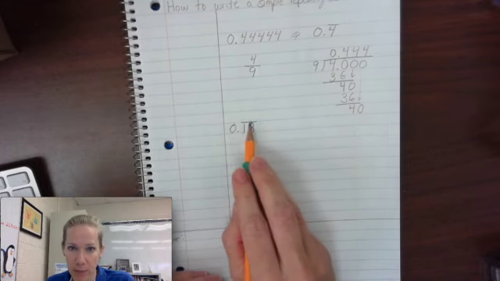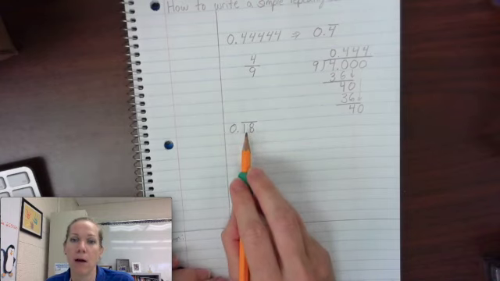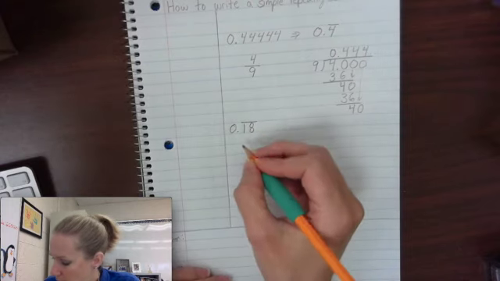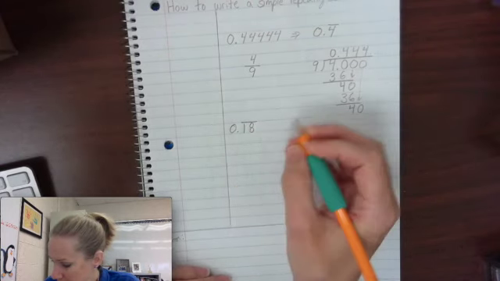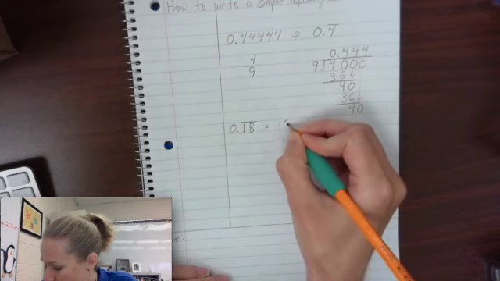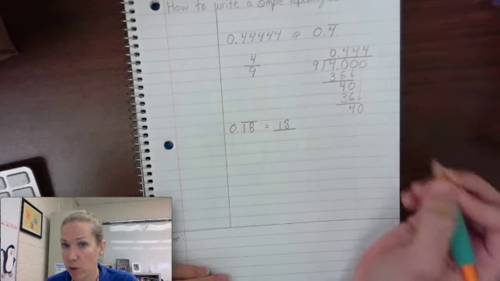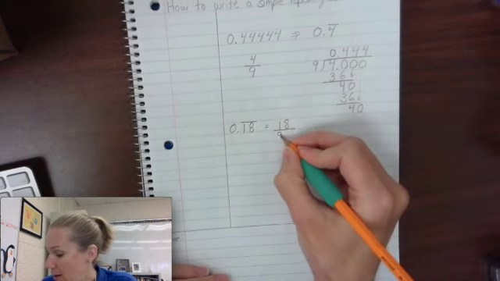But there is a repeating sign. It's a little bit bigger than hundredths, right? So instead of putting 18 over 100, we're going to put 18 over 99.